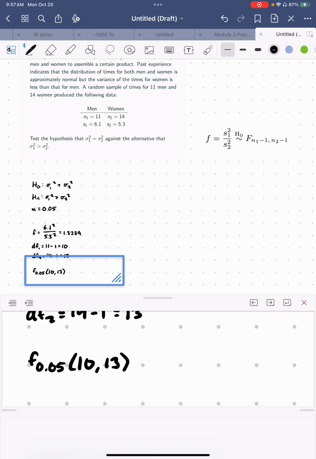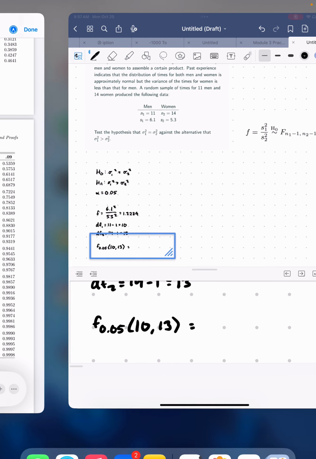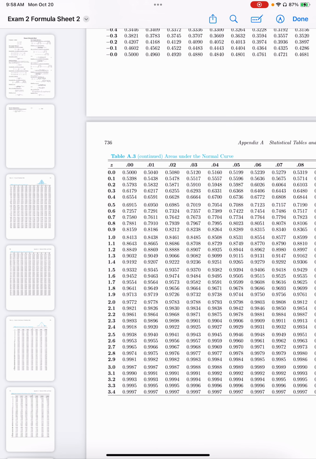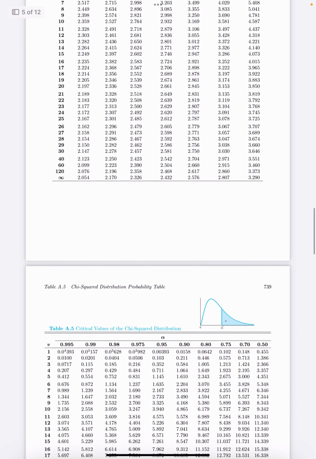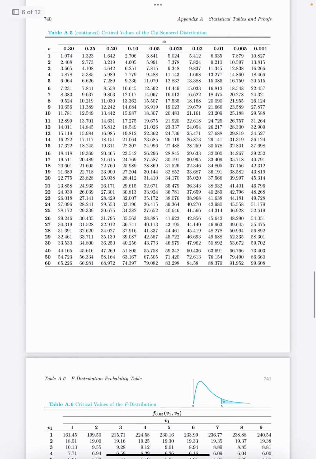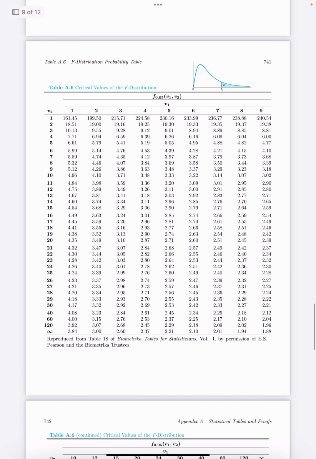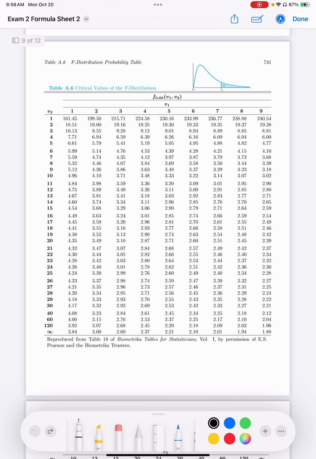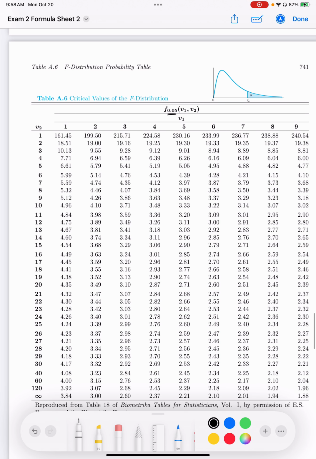And we can pull this up on our table. So we have our F distribution over here, and this is our 0.05, and then this is the degrees of freedom for our first population.